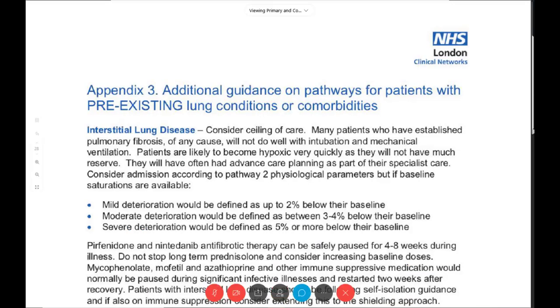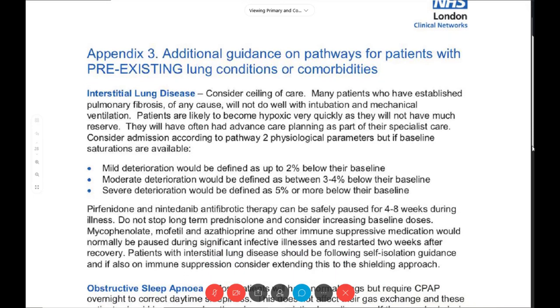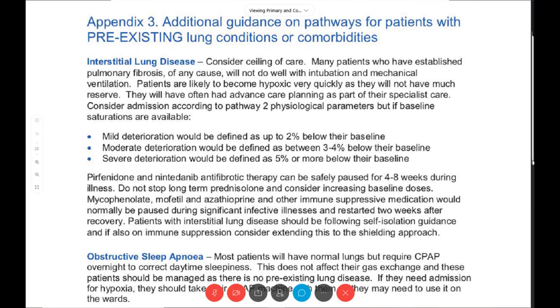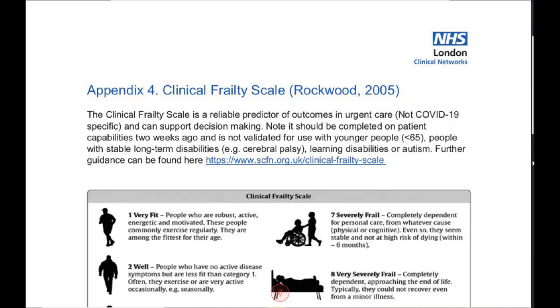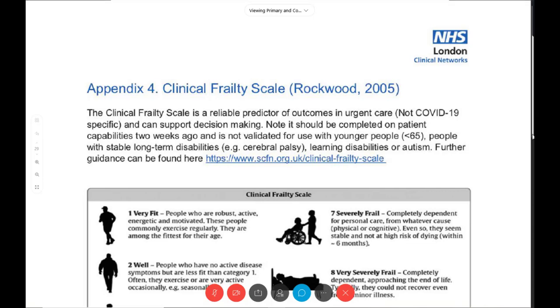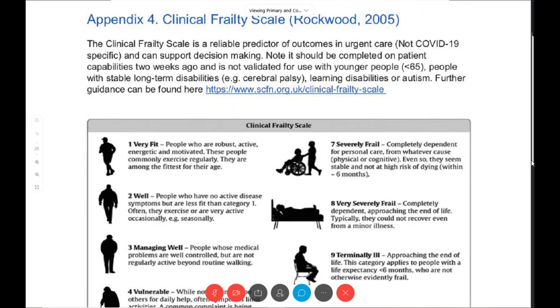Appendix 3 is about other lung conditions other than COPD and asthma that you may be confronted with, such as interstitial lung disease, sleep apnea and bronchiectasis, and how to manage those during these current times. We have the frailty score, because the frailty score will help to inform you about whether or not a patient is likely to be suitable for invasive ventilation or not.